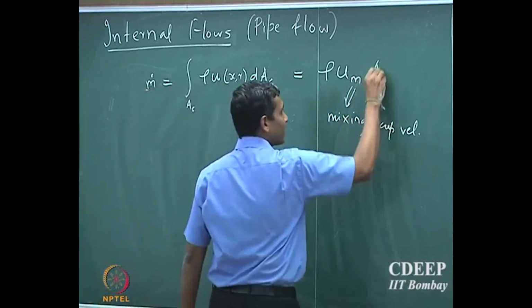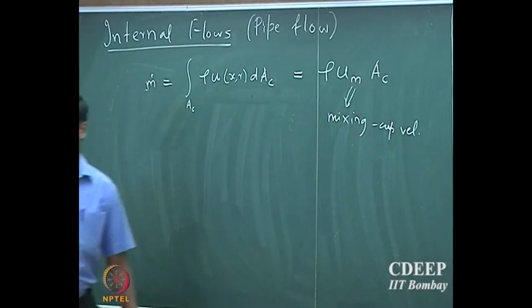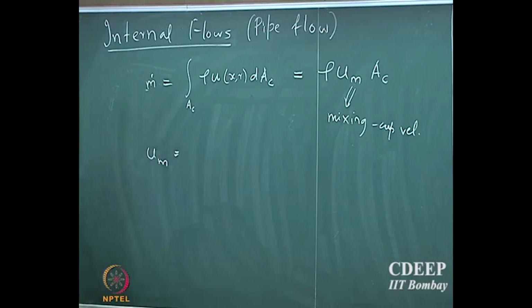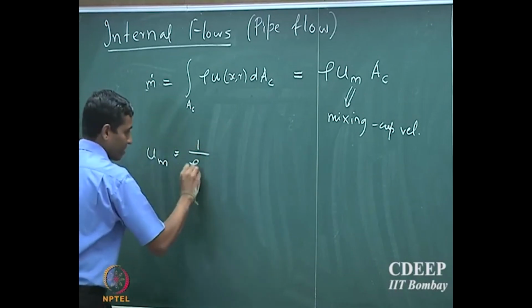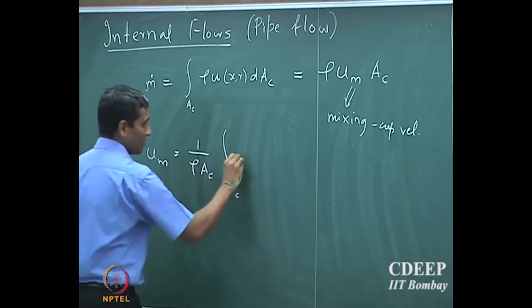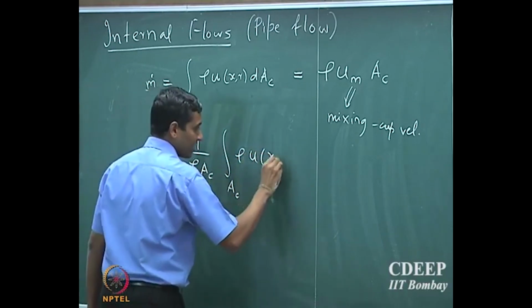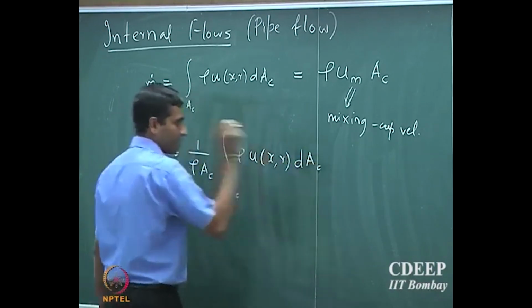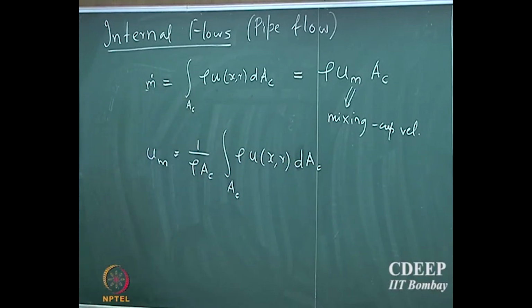So that's a definition. From here we should be able to find out what is U_m. U_m is 1/(rho A_c) times the integral over the cross section of rho U dA_c. What is dA_c?